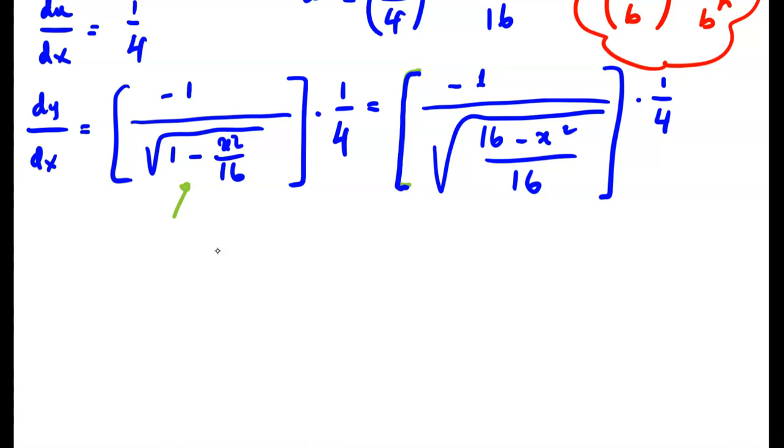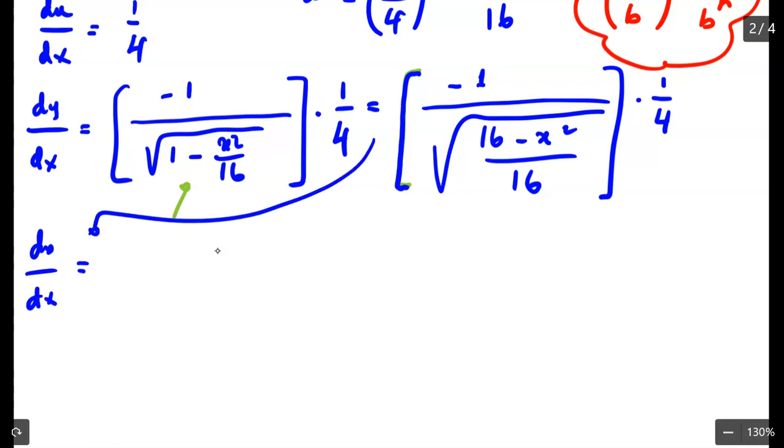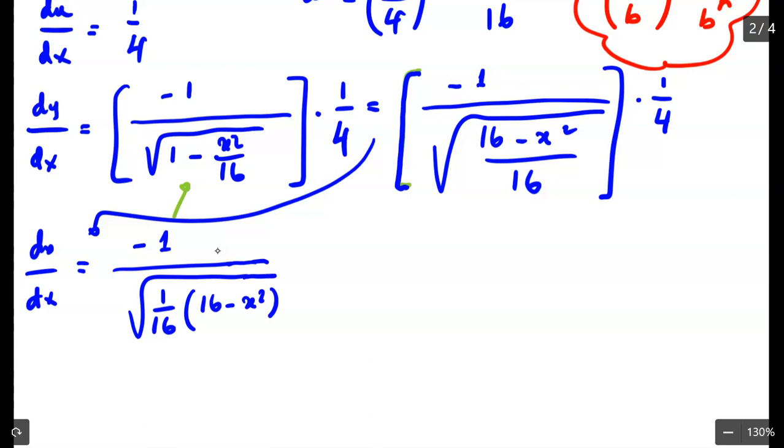What I'm going to do next is I notice 16 is a perfect square. Alright, okay, so what I will do is factor out the 1 over 16. Okay, 1 over 16. So inside the bracket, I should be left with just 16 minus x squared as the denominator in this case.